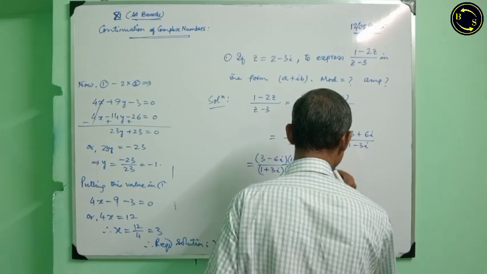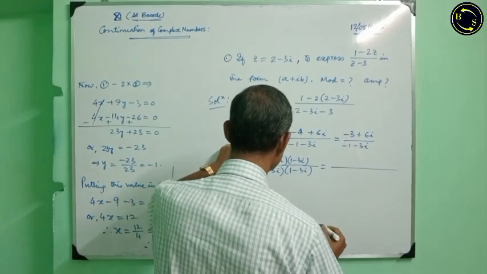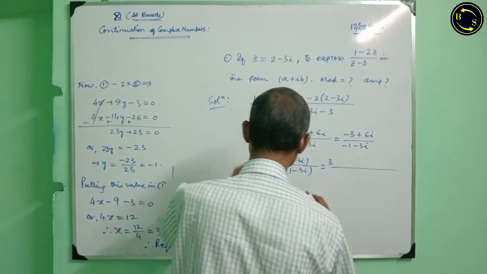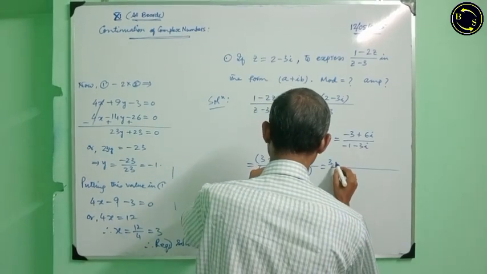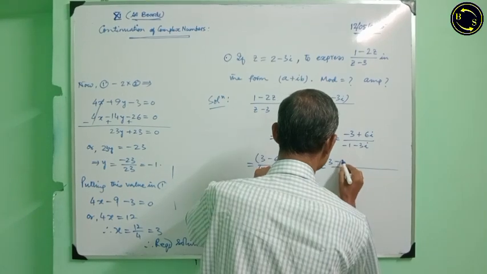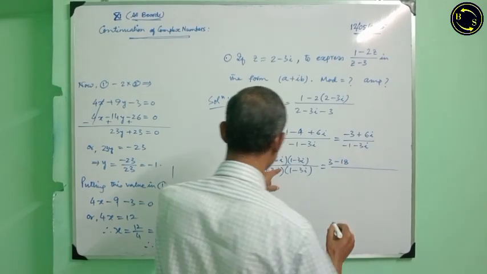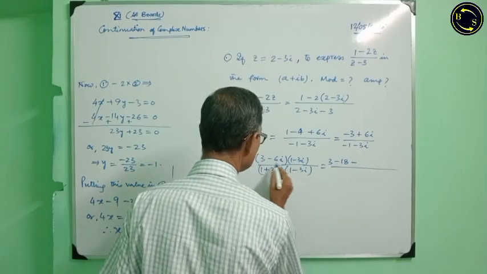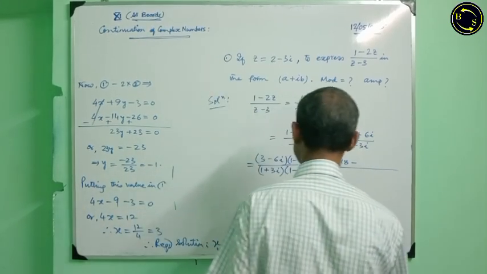Now the product of the numerators: 3 plus 18i square, means minus 18, minus 6i, minus 9i.